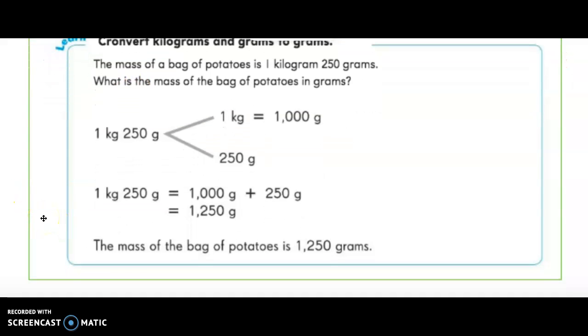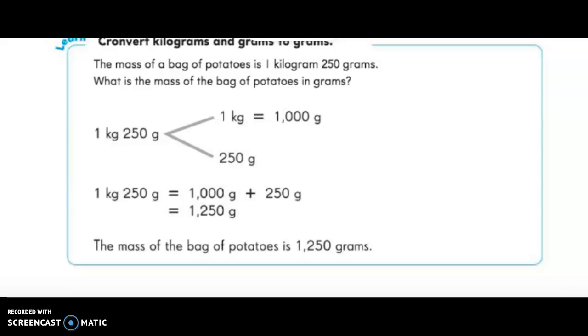If we take a look at our example, the mass of a bag of potatoes is 1 kilogram, 250 grams. They want to know what is the mass of the bag of potatoes in grams. We start by separating our kilograms from our grams, so that we can see what we can change and convert.